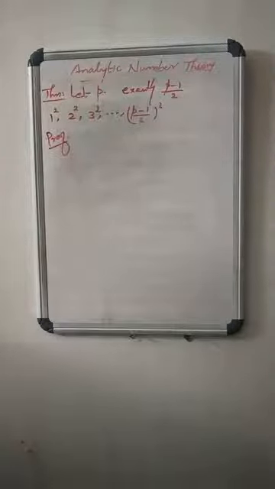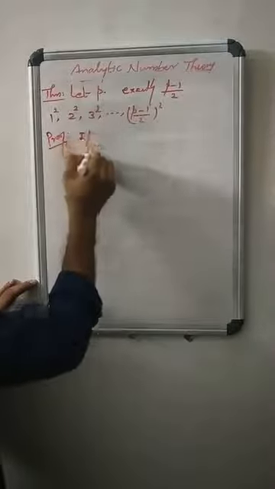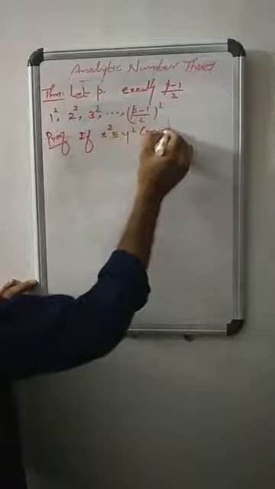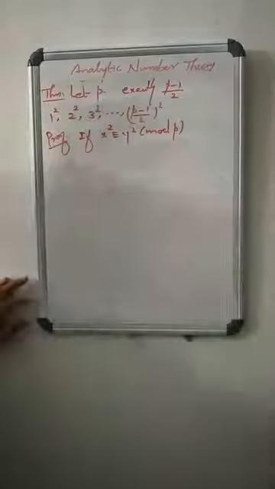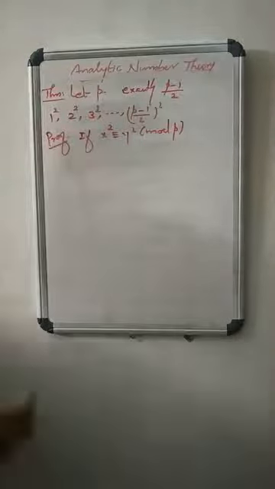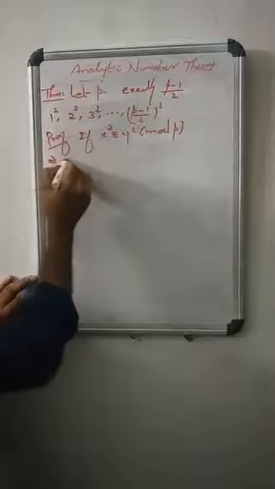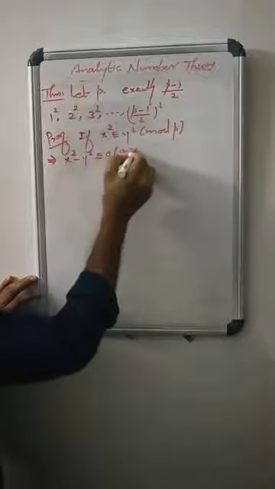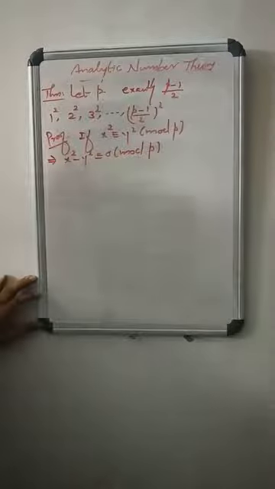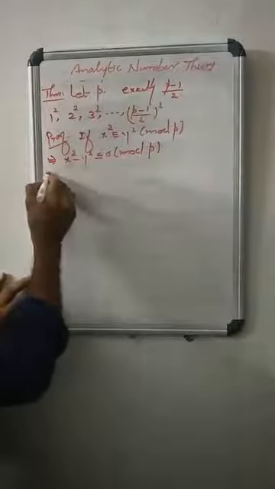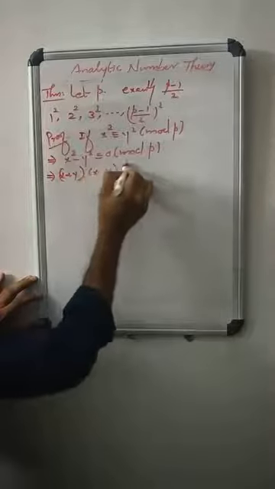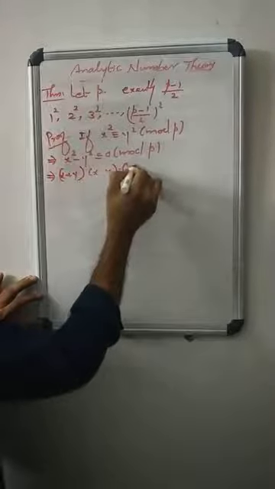Why? If x square is congruent to y square mod p, what do you get? We have x square minus y square congruent to 0 mod p. Agreed? Okay. What is x square minus y square? It is (x plus y) into (x minus y), congruent to 0 mod p.